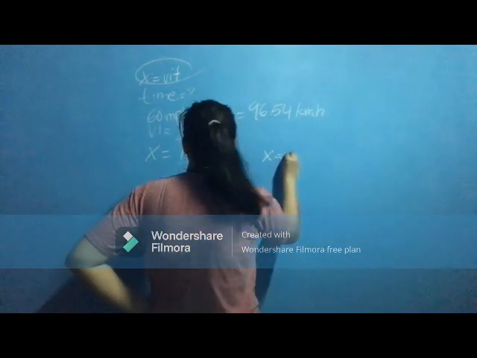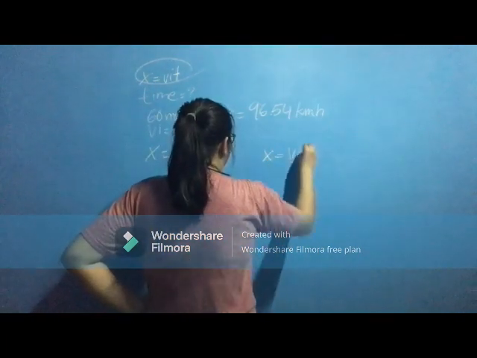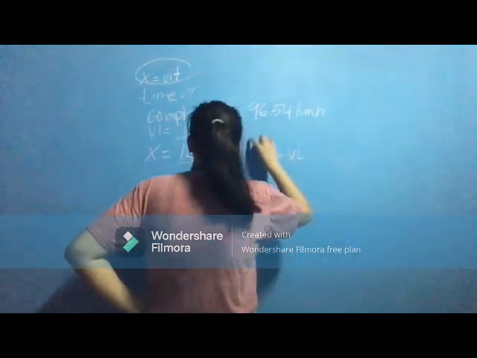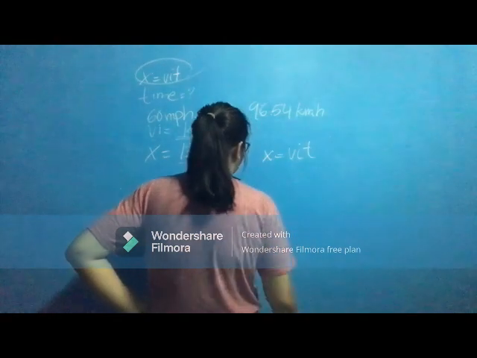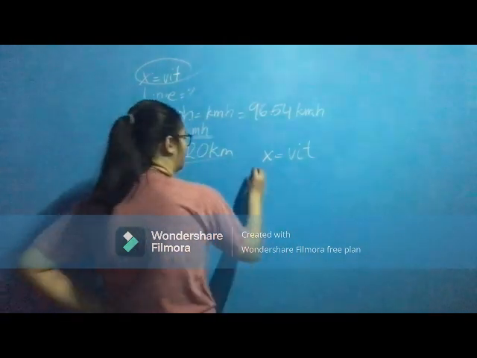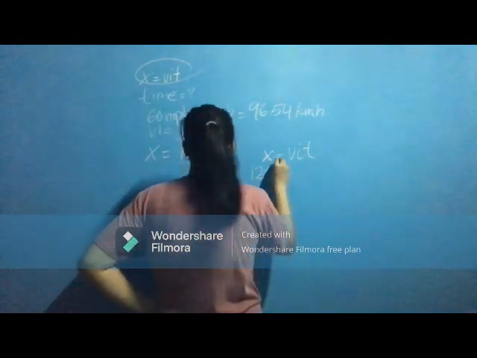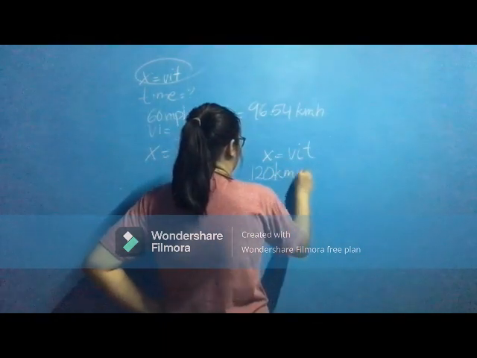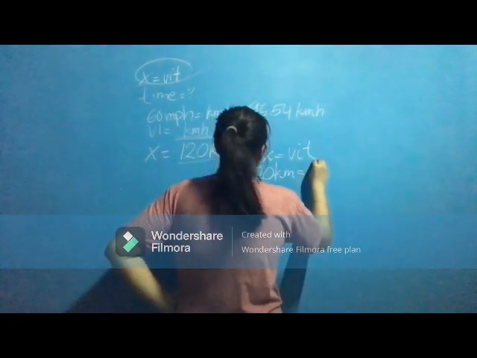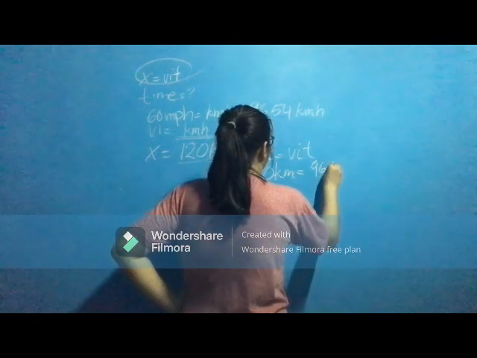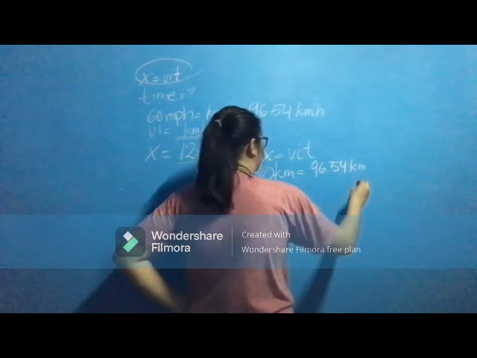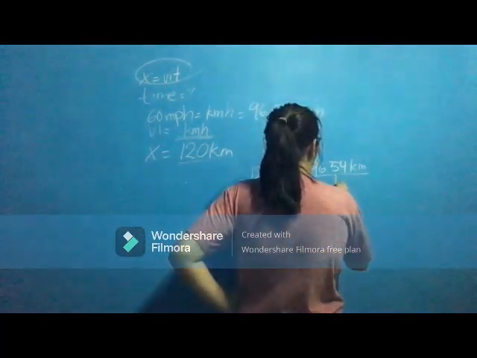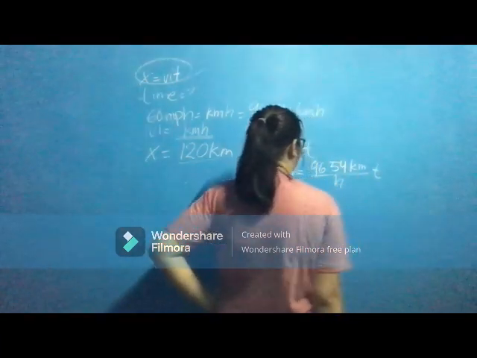Now let's use this equation to find time. X is the distance, velocity initial is the 96.54 kilometer per hour, and time, which is still unknown to us. Let's put the values. Kilometer is equal to 96.54 kilometer per hour and time.